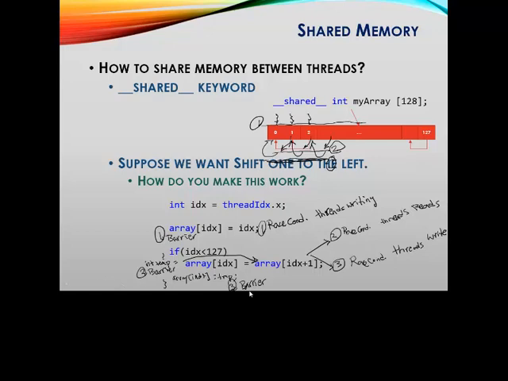This ensures that before each thread goes about reading its next door neighbor, we make sure that all threads have written and are done with writing their contents into the locations. Then before each thread writes inside of its own location, we want to make sure that all its neighbors have read its values.